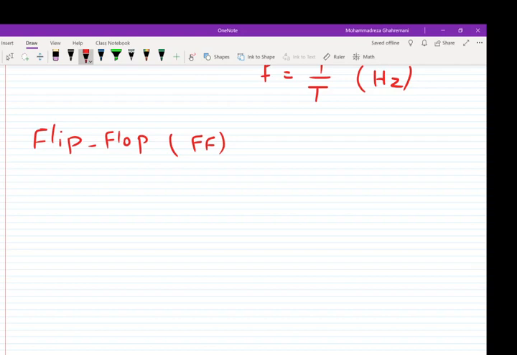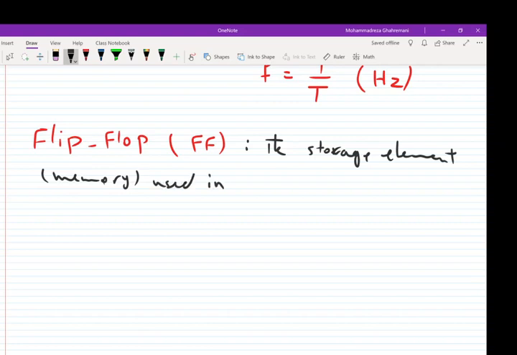Okay, so let me write the definition of flip-flop. The storage element or memory used in clocked sequential circuits are called flip-flop.